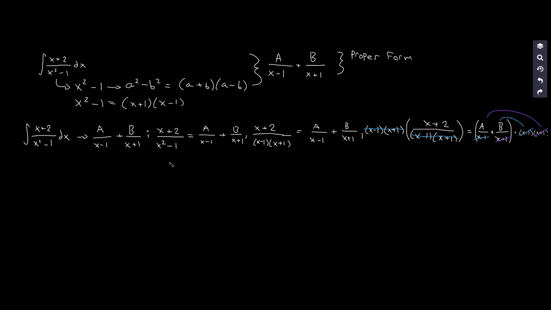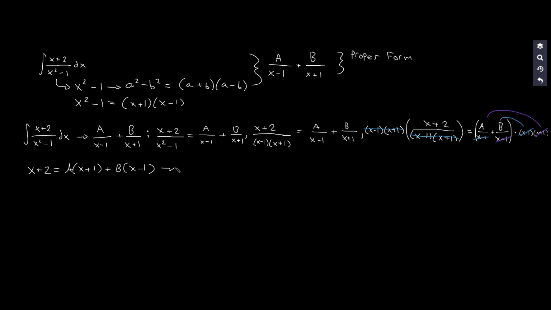And so I think what's going to end up happening in the integrand is we're going to have x plus 2 equals, let's see, a gets multiplied to x plus 1, and then b gets multiplied to x minus 1.